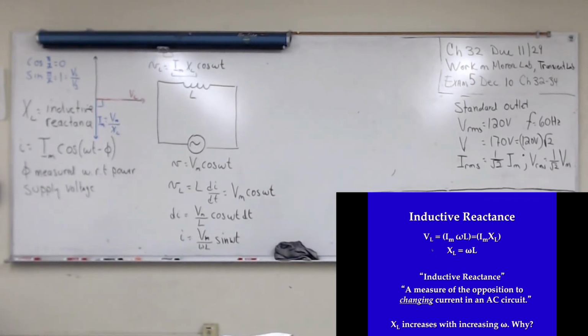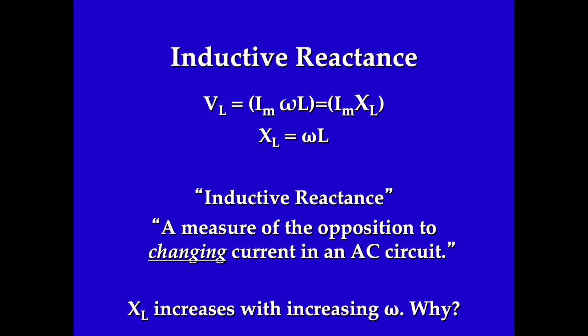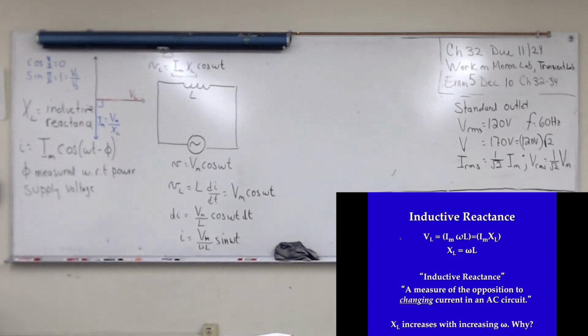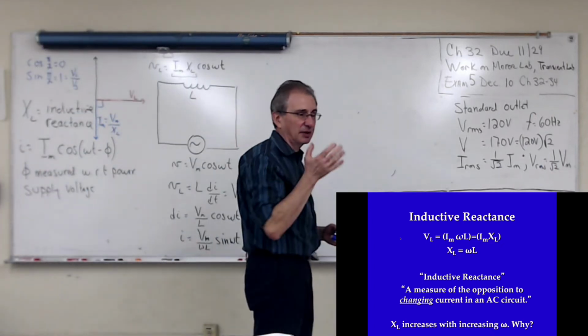Now, there's a good question you see on the slide. X sub L increases with omega. Why? Where does X sub L come from?